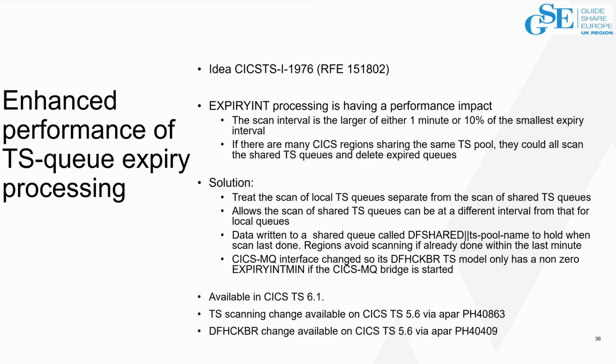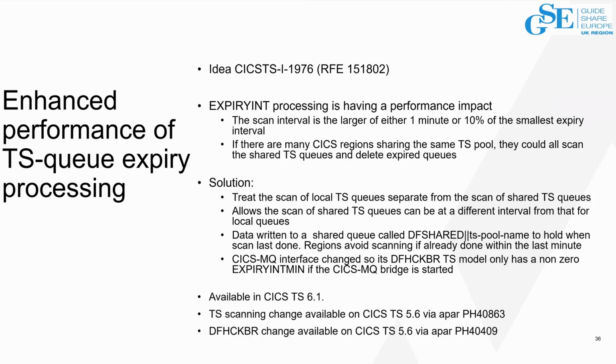We were getting some problems reported by customers, particularly in the area of shared TS, because if you have multiple regions all sharing TS, they would all try and clean up the shared TS at the same time, and you don't need them all to do it. You just need one region to do it.